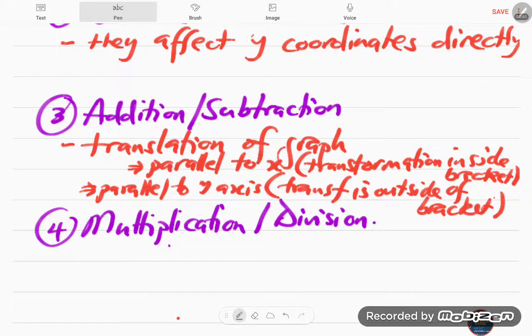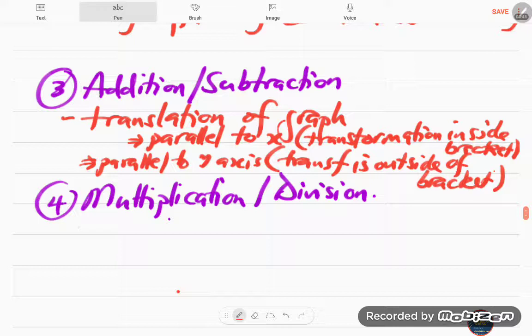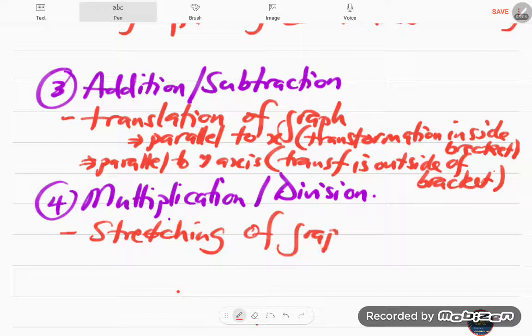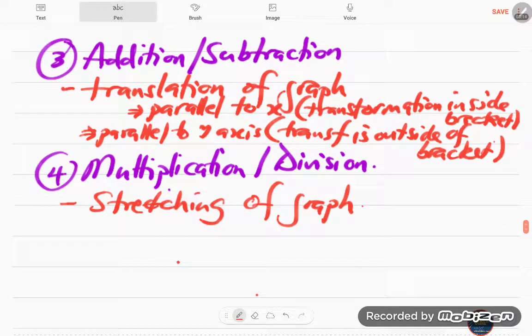Okay, multiplication and division, these result in stretching of the graph. But this may also come back, and it depends on the nature where you actually shrink it or diminish the graph. Again, we're going to be looking at those cases. So that's what multiplication and division are going to be on.